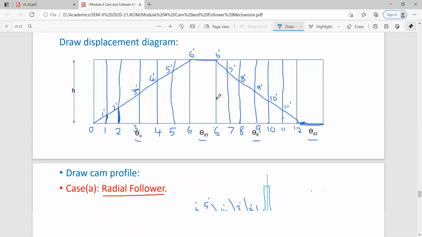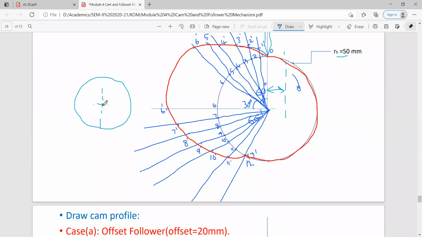So after drawing this 50 mm circle, I will draw another circle whose radius will be 20 mm, equal to the offset distance.